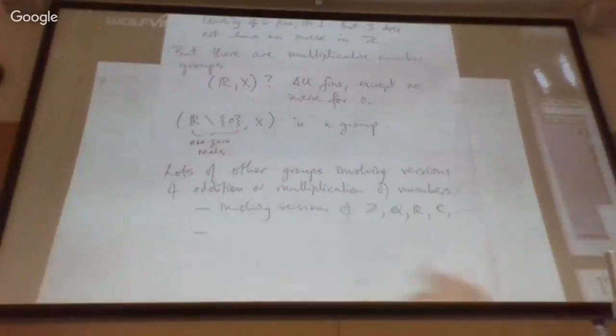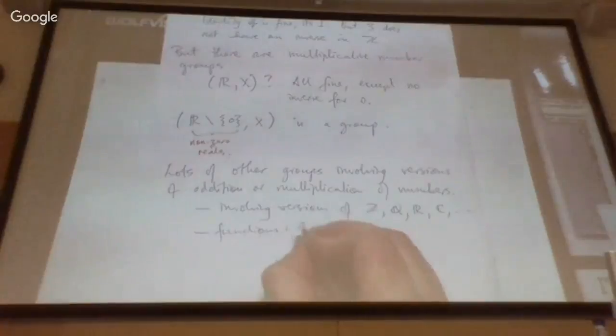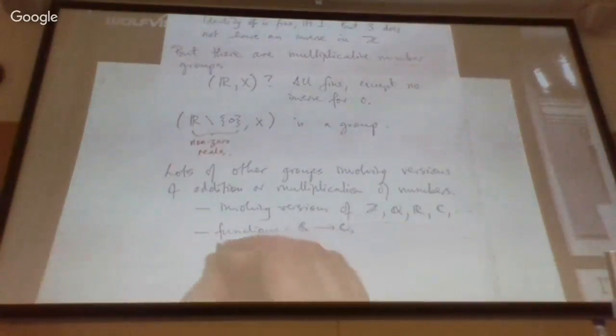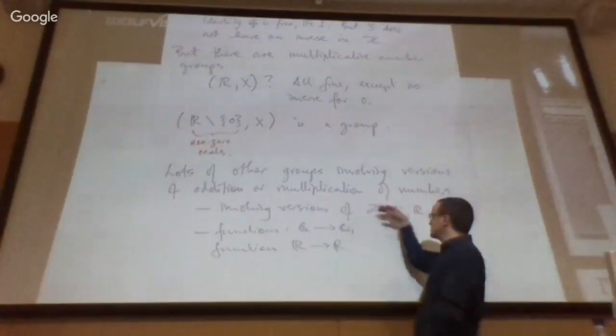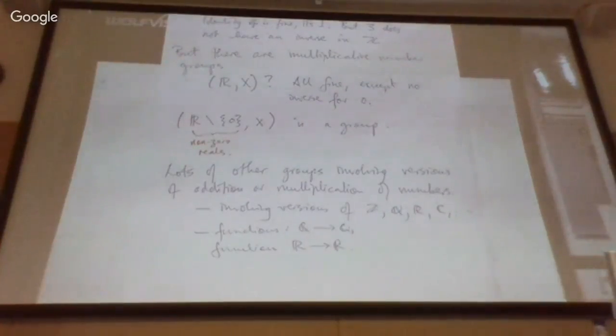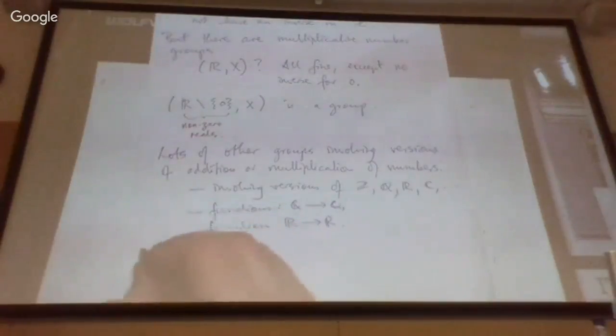And functions, say from the rationals to the rationals, or functions from the real numbers to the real numbers, or indeed the integers to the integers. If you apply functions to these kinds of sets, often there will be additive and multiplicative groups of those functions. You may have to exclude certain objects or bring certain objects in to make sure all the conditions are satisfied. Okay. So there's lots more examples of these to find, and we'll consider more in due course.